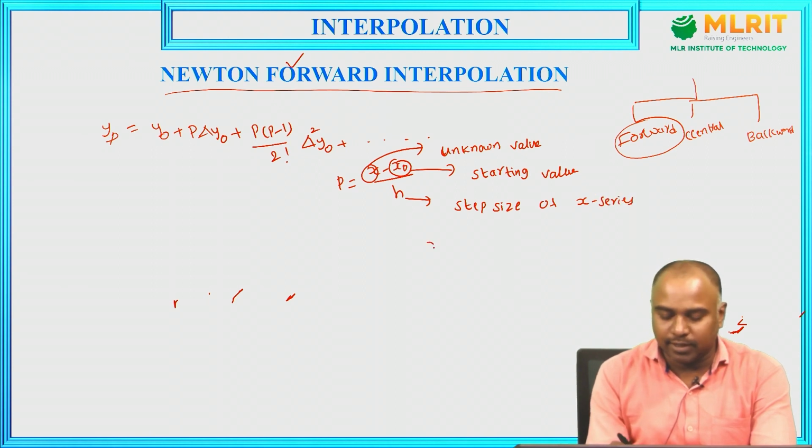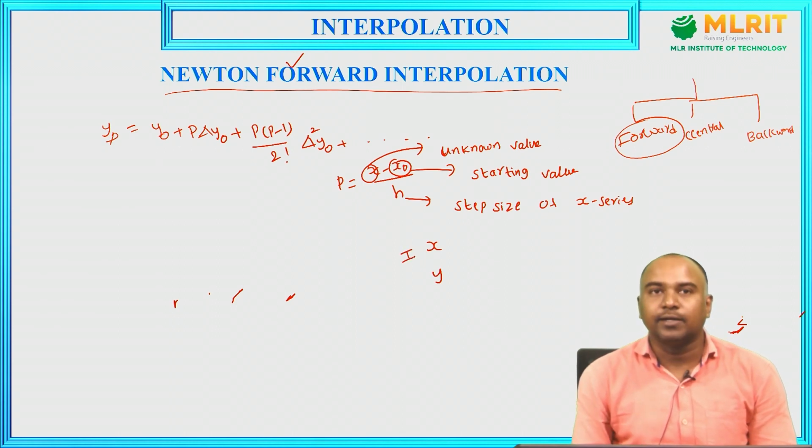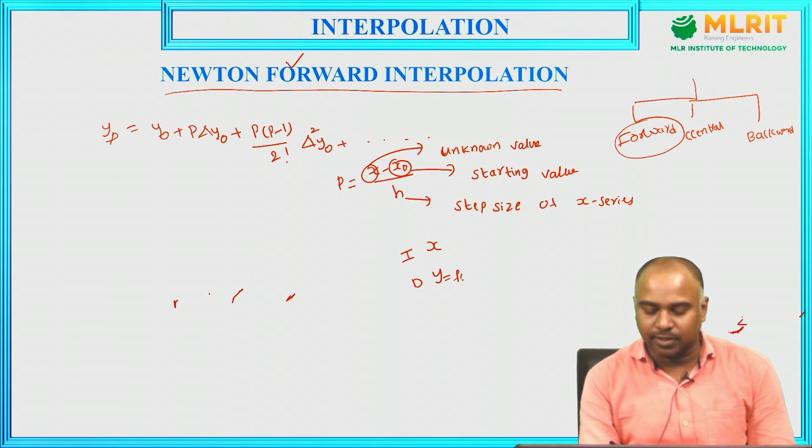As we know, in the x and y series, x is the independent value and y is the dependent or functional value.